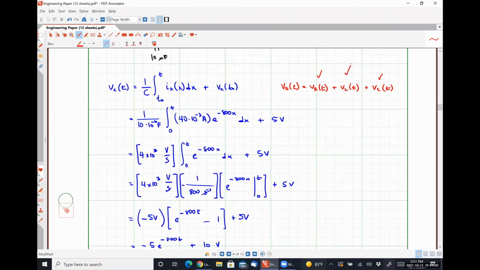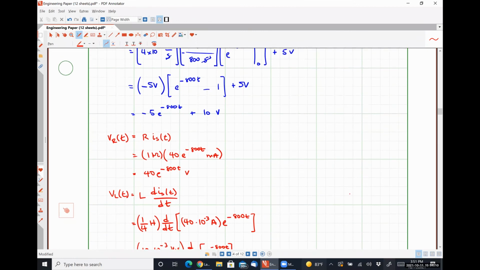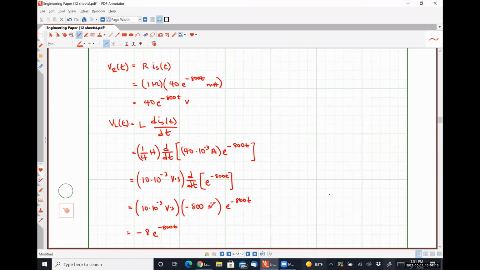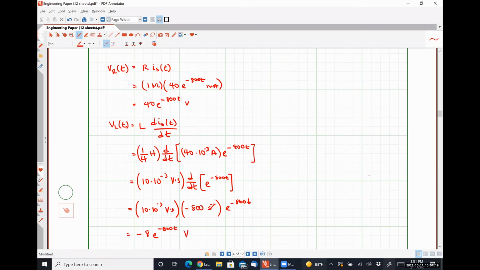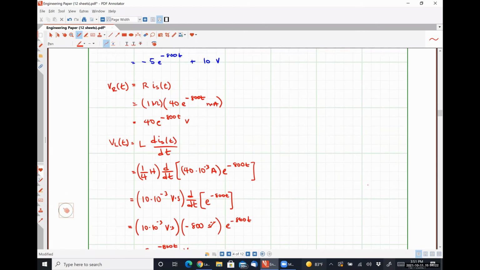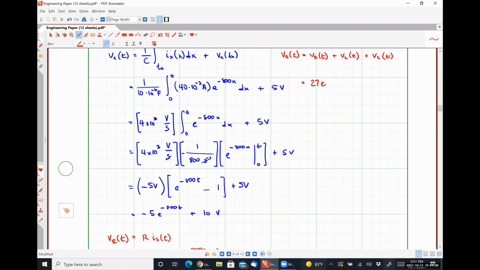And we know this bit right here. So we have 40 e to the minus 800t volts minus 8 e to the minus 800t volts minus 5 e to the minus 800t volts plus 10 volts. So 40 minus 5 minus 8 looks like positive 27 to me. So our answer here is 27 e to the minus 800t plus 10 volts.